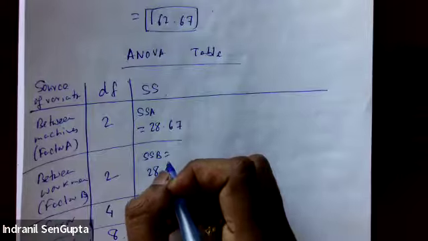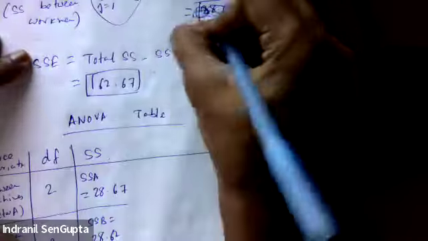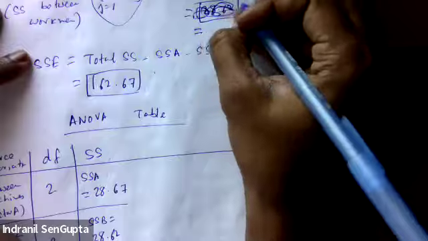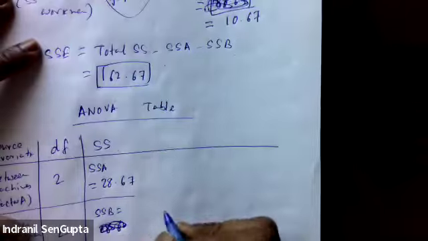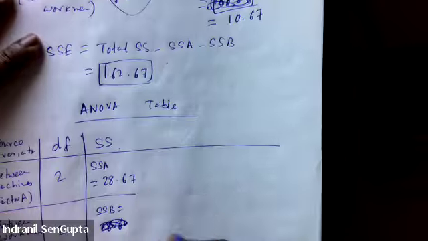I think it's not 28. I think there's some mistake in the calculation. This should be around 10. So it's 10.67. So the first one is 28.67. The second one is 10.67.